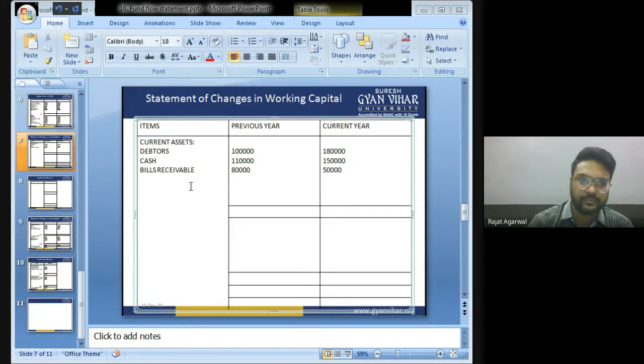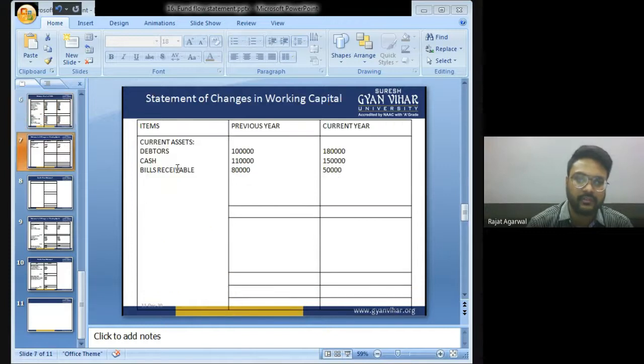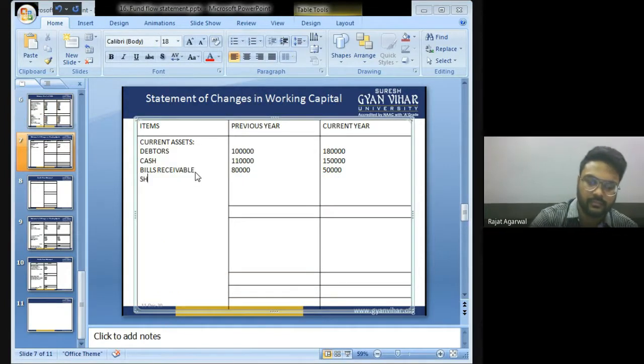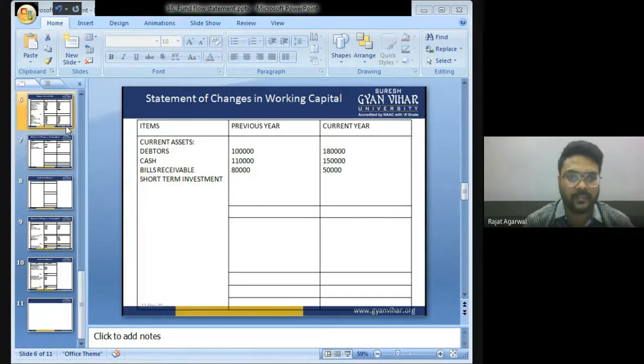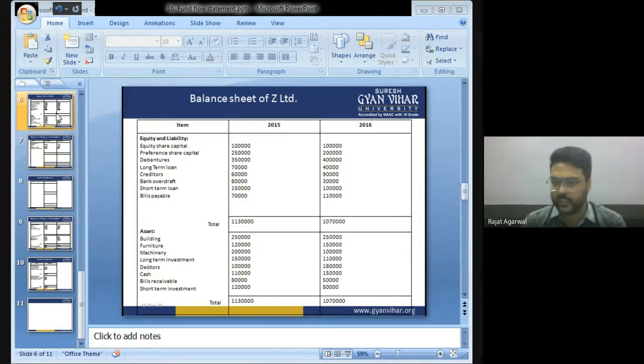Then short term investment, 1,20,000 and 80,000. Any more current asset? No, sir. There is no other current asset.